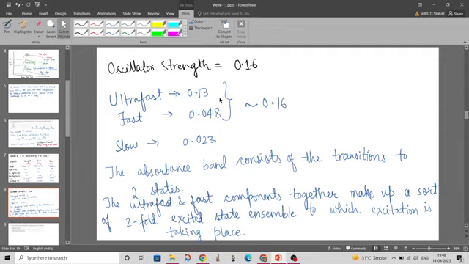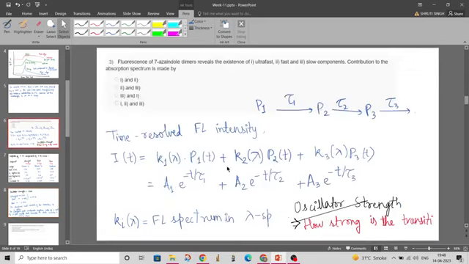So only the fast and the ultrafast components are contributing to the absorption spectra. So the answer should be the ultrafast and the fast component, 1 and 2. Okay, I hope the question is clear now.